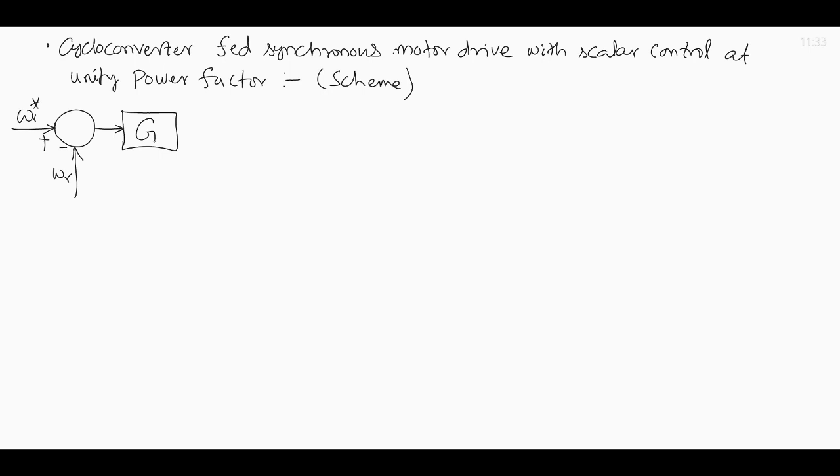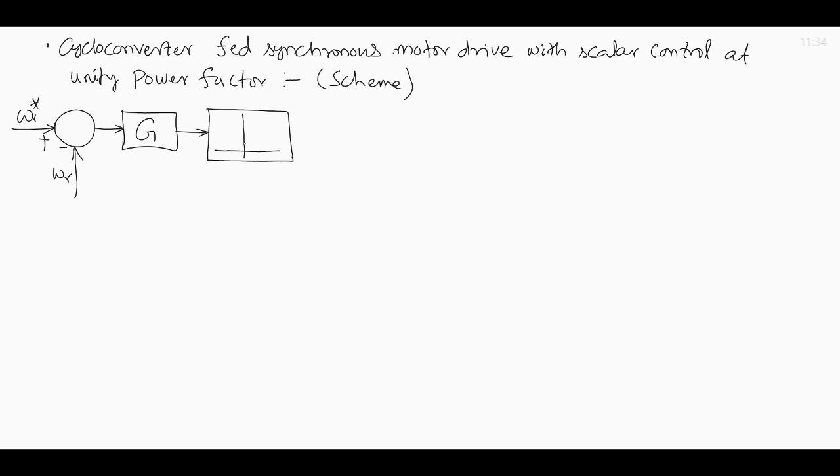This is the speed controller G. The speed controller output has to control the torque, so for that we have to control the current and voltage.